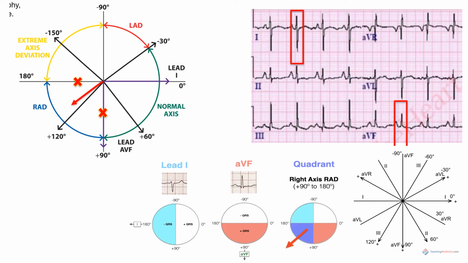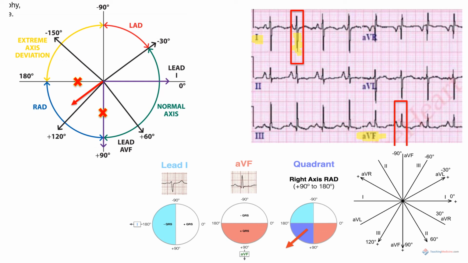Okay, so let's take a look at this example together. One more time, we're going to take a look at lead 1 and AVF. As you can see right here, the S wave definitely has a higher amplitude compared to the R wave. So what does that tell us?